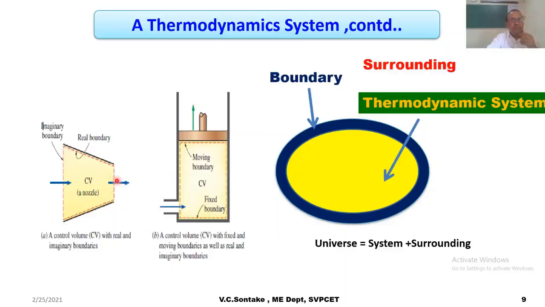So they are imaginary boundaries. The example of system having moving boundaries: the balloon. If you blow the air into the balloon, its surface will expand, so as its boundary. When you remove the air from the balloon, its boundary will be decreasing. So balloon is having moving boundaries. So there are different systems with the moving boundaries.